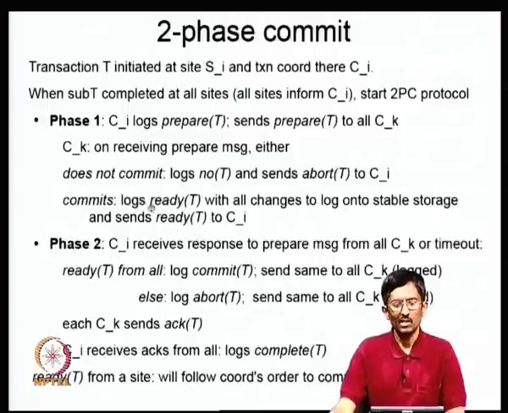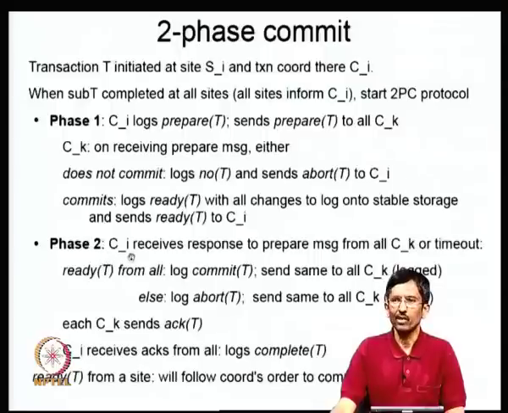If it is not successful, it is going to say no and sends an abort message. If it succeeds in its subtransaction, it says it's ready to proceed as long as the coordinator says that everything is fine with respect to everybody else. And it sends a ready message.